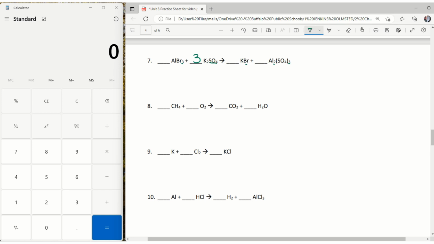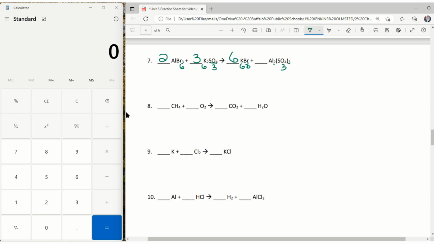But when I did that, I made 3 times 2, 6 Ks. So let's make 6 Ks on this side. Good. But this made 6 BRs. If I put a 2 here, now I have 6 BRs. So this is good. I have 3 SO4s, 3 SO4s, 6 BRs, 6 BRs, 6 Ks, 6 Ks.